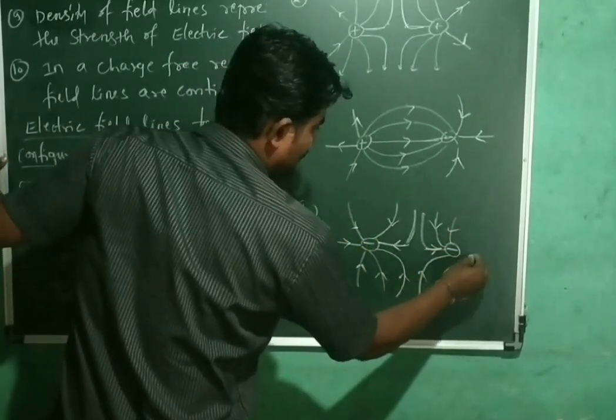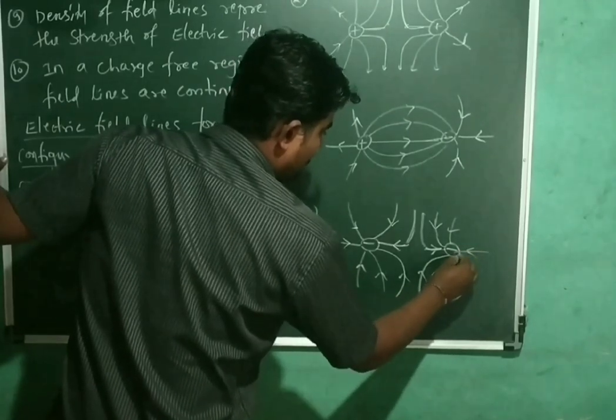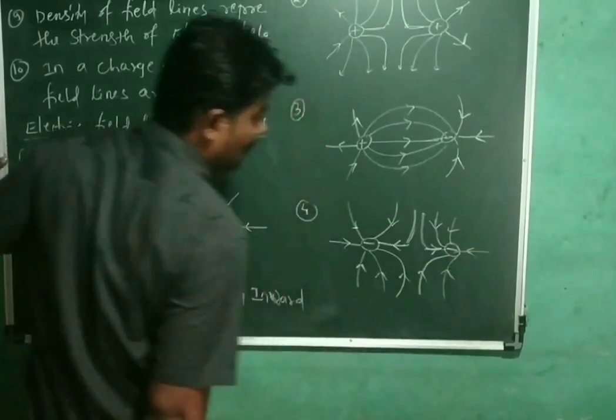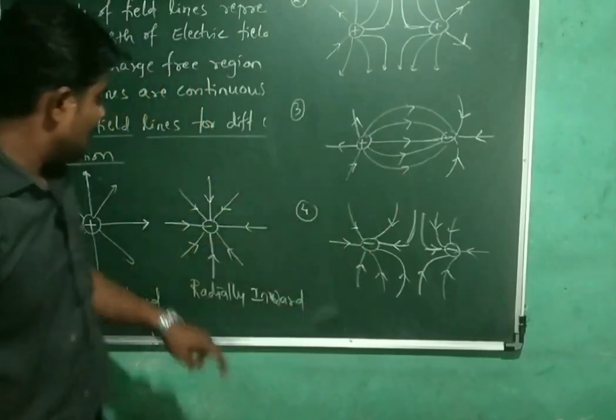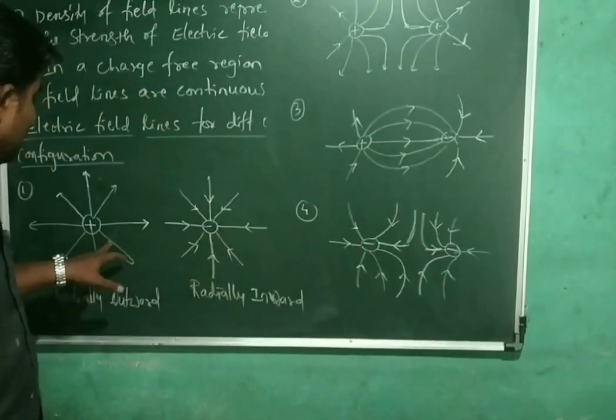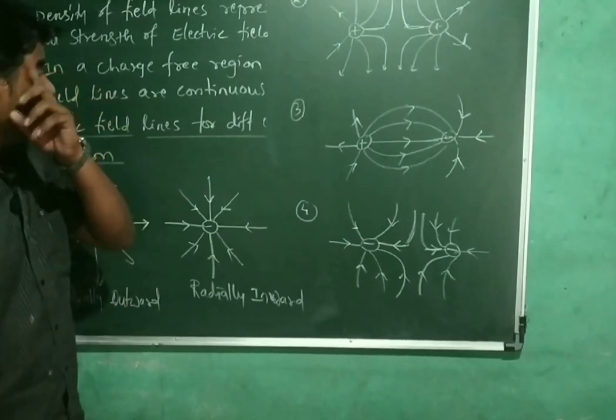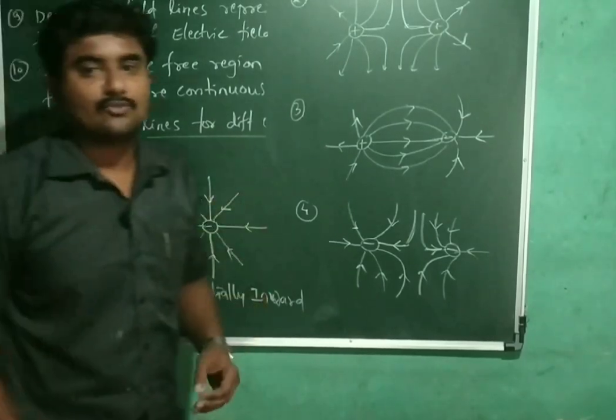All these negative charges are... So repulsion, attraction, and radially inward, radially outward. So these are the electric field lines for different types of configuration.